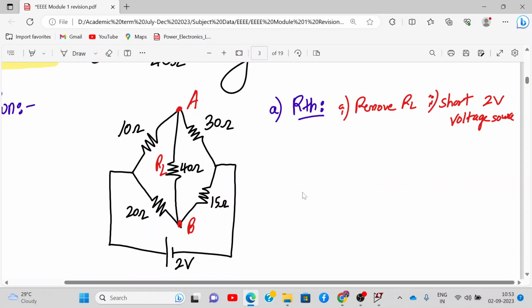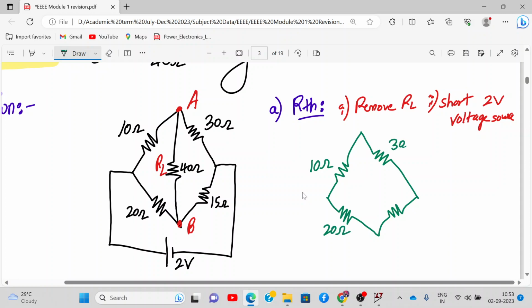So the circuit will become like this. So these are my 4 resistances: 10 ohm, 20 ohm, 30 ohm, and 15 ohm.